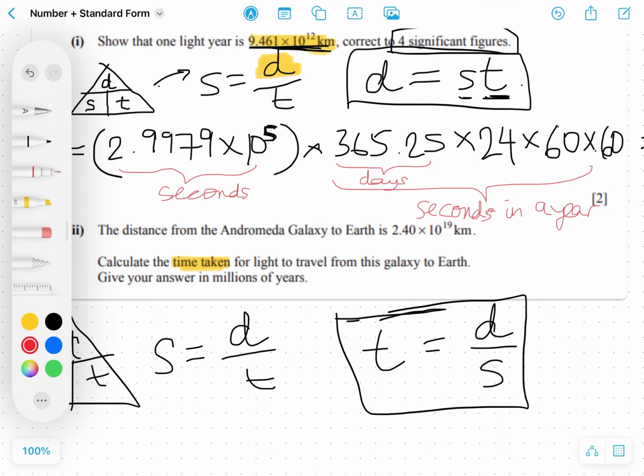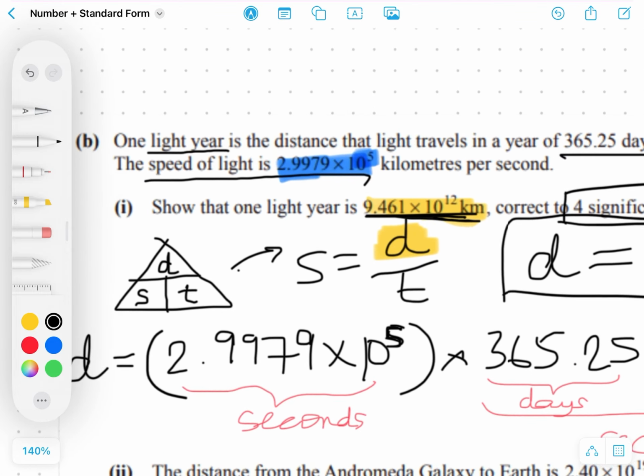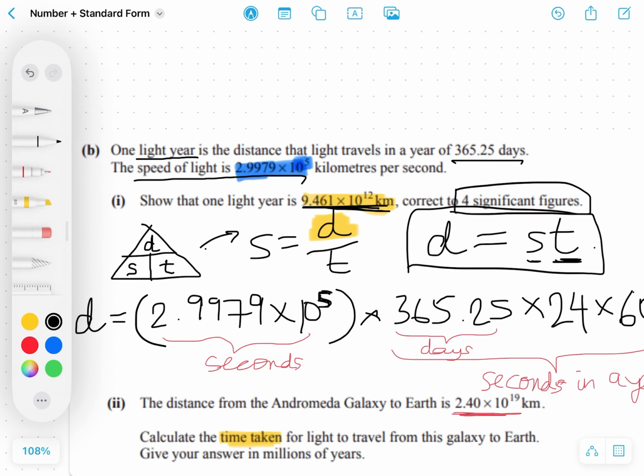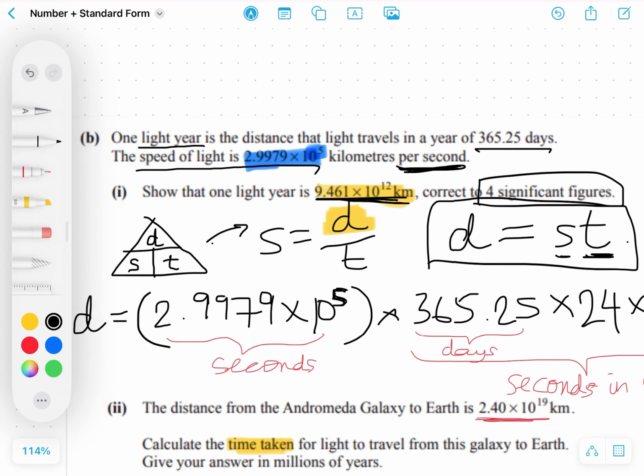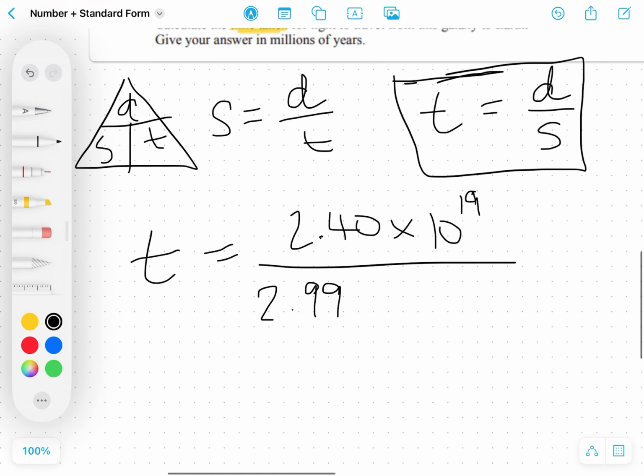The distance between both galaxies is given to us, 2.40 times 10 to the power of 19. So time is equal to 2.40 times 10 to the power of 19 divided by the speed of light, 2.9979 times 10 to the power of 5 kilometers per second. So keep that in mind.